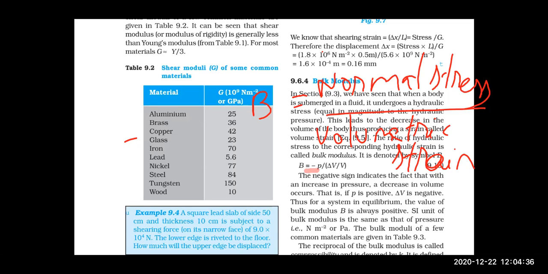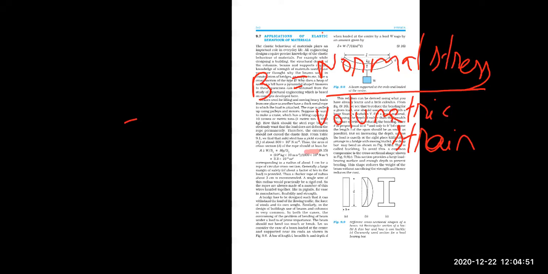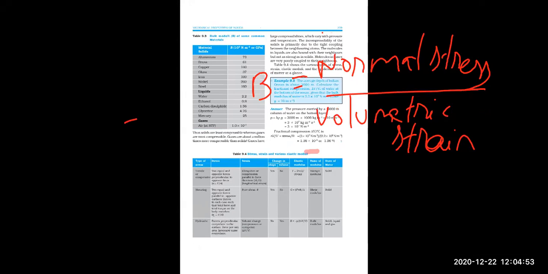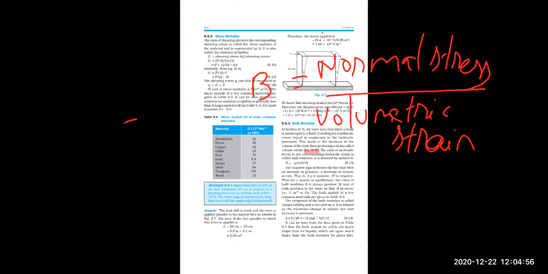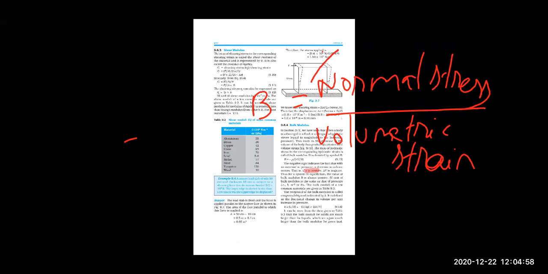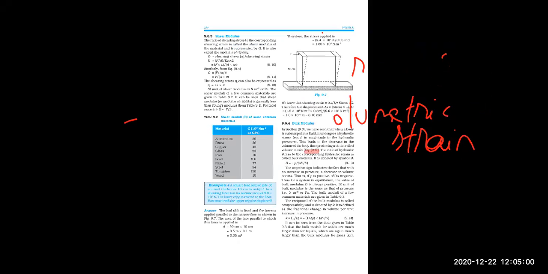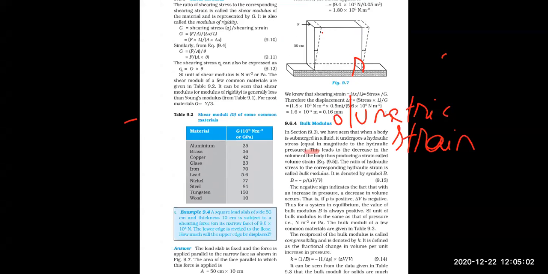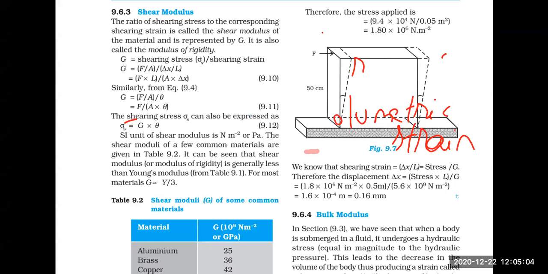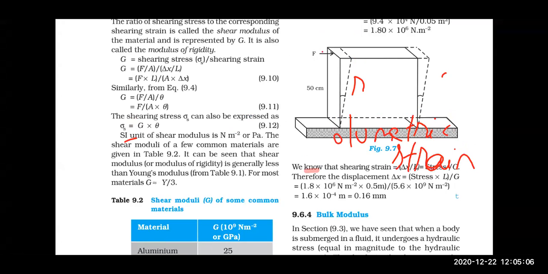Let's talk about the third type of modulus of elasticity, which is known as the shear modulus of elasticity or modulus of rigidity, and it is denoted by the symbol G. Okay, beta.